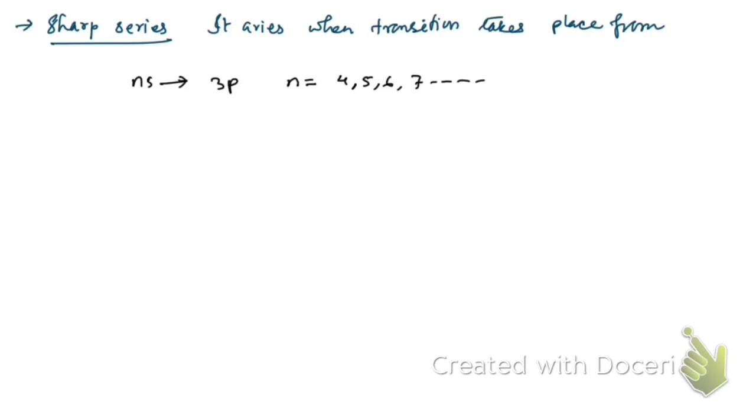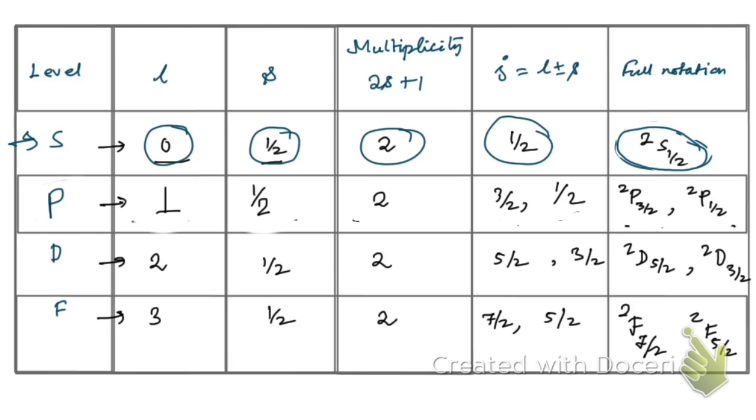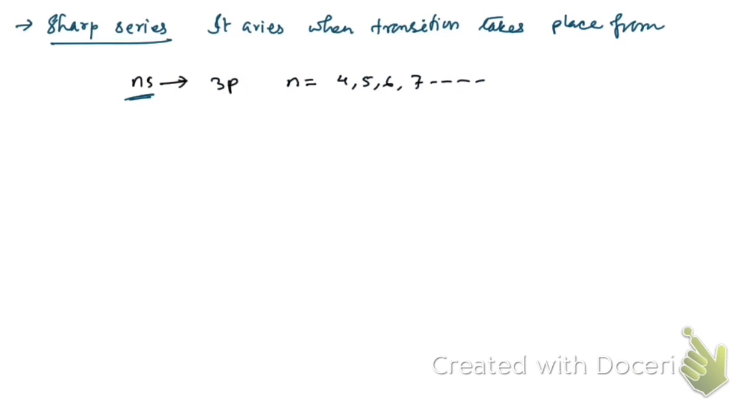So here you see, for this s orbital, we know the value of L is 0, spin quantum number is half, and the multiplicity is 2, and j is half here, and so the full notation is 2s half. So here this is the ns level, right? This is the ns level, 2s half, right?